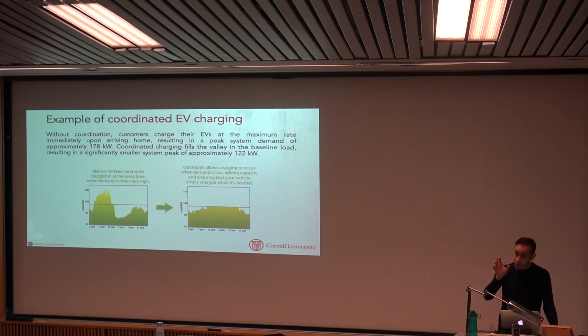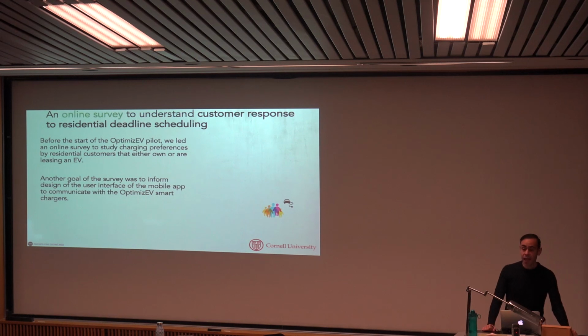But the idea of this type of deadline scheduling is that you basically manage by the flexibility that the owner is yielding to the utility to flatten the load. So before the actual pilot, we ran this survey, and the results I'll be presenting are based on this survey.